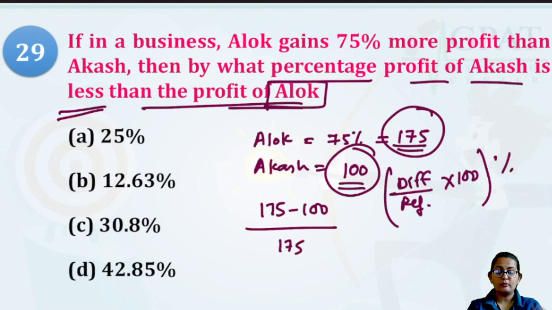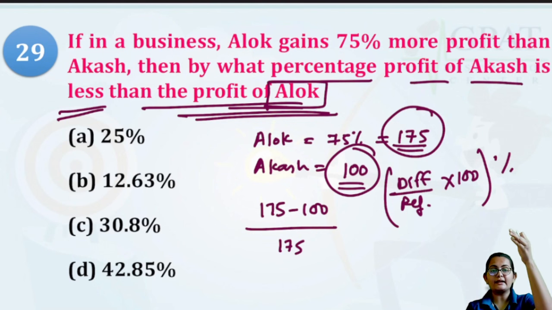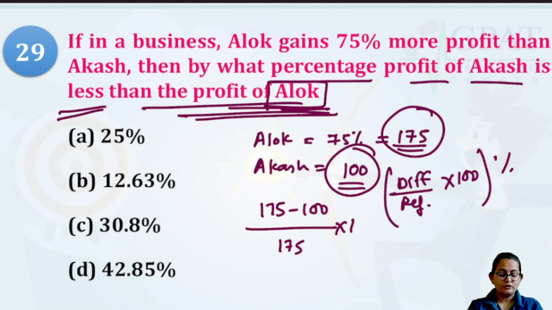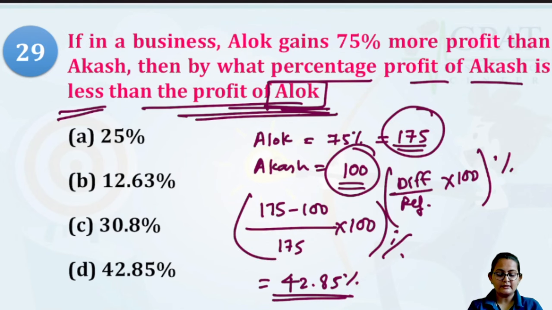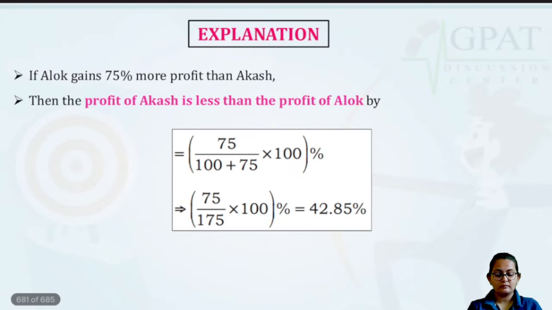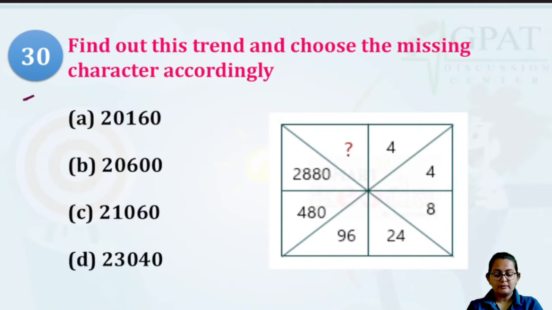The reference is Alok, because we are comparing the profit of Akash as compared to Alok. So Alok becomes the reference. When you solve this, you will get 42.85% as the answer. This is a simple question. Do remember the formula.